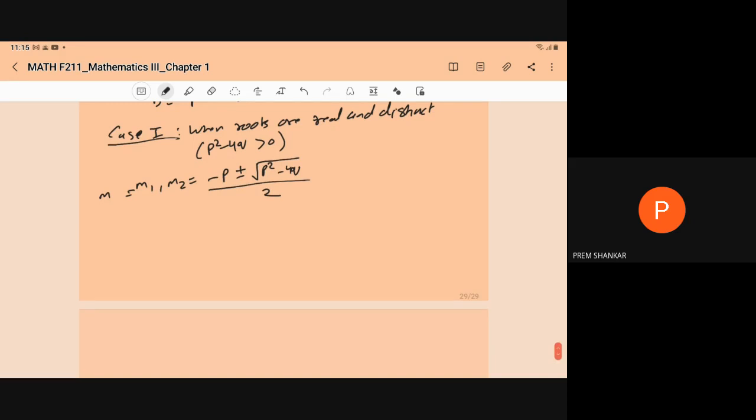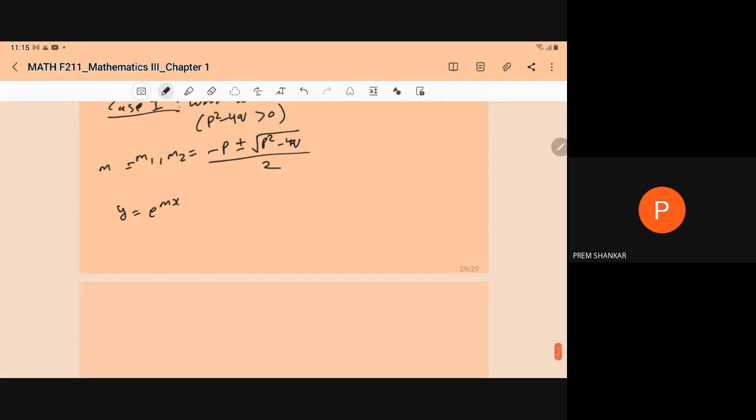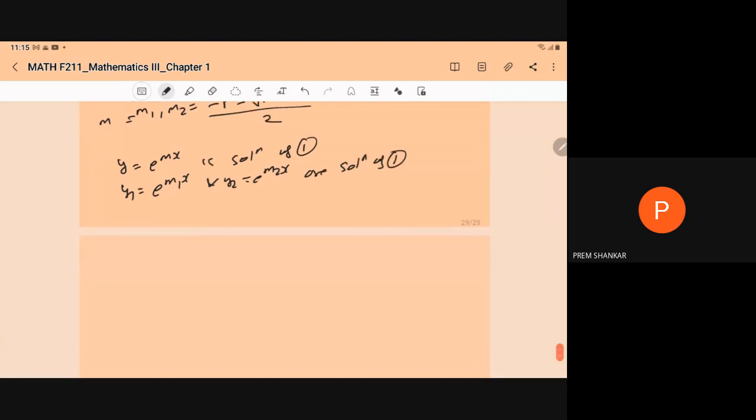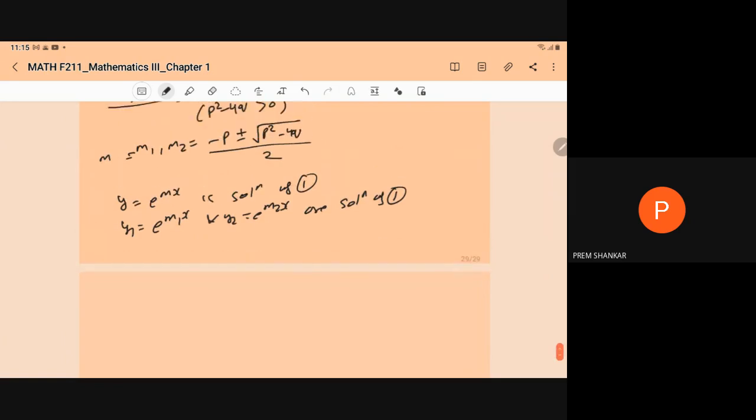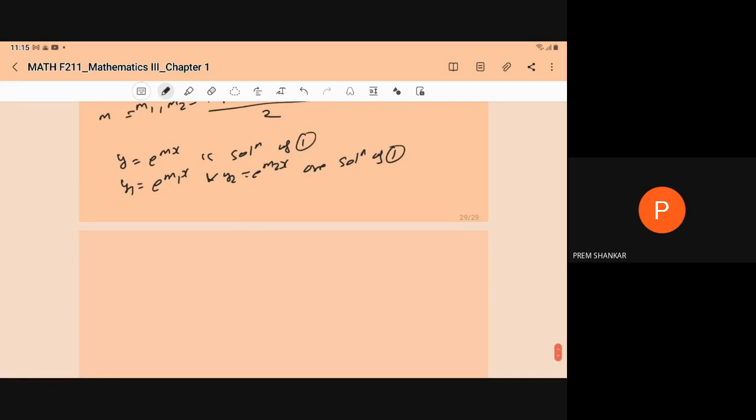Now it means what? The solution we have taken is y is equal to e to power mx. So y1 is equal to e to power m1x and y2 is equal to e to power m2x are the solutions of first, because m we have taken as m1, m2, which are minus p plus minus root of p square minus 4q upon 2.